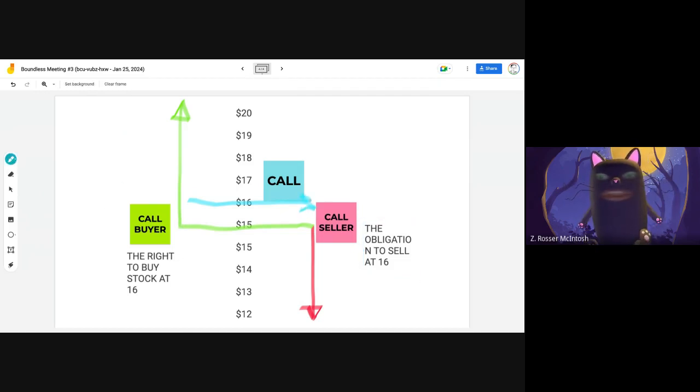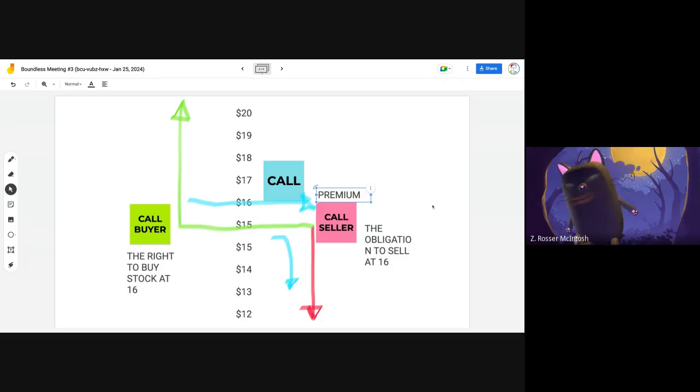So if this stays where it's at or goes down, then this person keeps the premium. All right. Gotcha. They keep that premium. Think of it like an insurance premium. It's really kind of the same thing. You pay the insurer a monthly premium or a 6-month premium. That's the contract length.